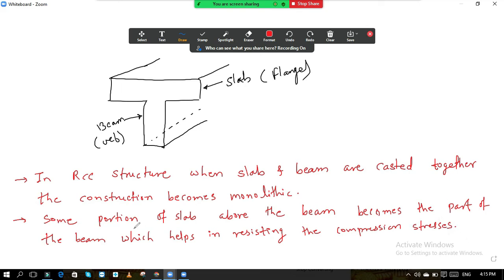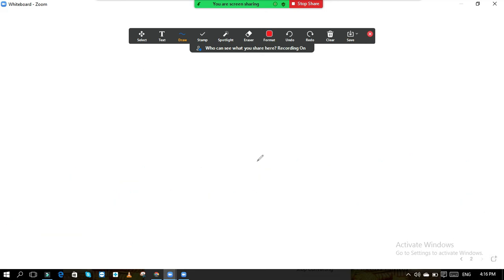Okay, so some portion of the slab above the beam becomes the part of the beam, that I have already told you. It behaves as a single structure, and which helps in resisting the compression stresses. It will give you an extra edge to resist the compression stresses.